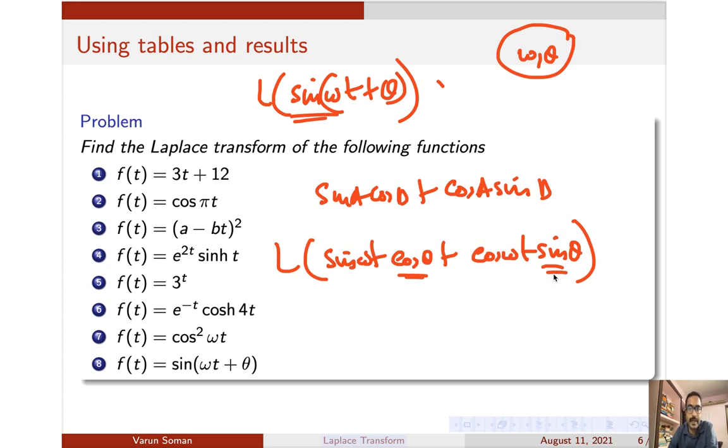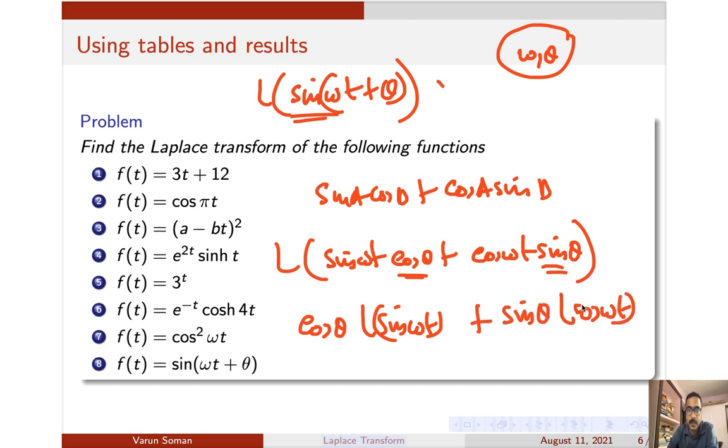When I apply the linearity property, can I take cos theta outside? If I take it outside, it will be cos theta into L of sin omega t plus sin theta into L of cos omega t. Have you understood why? Because cos theta and sin theta are constants, so when you apply the linearity property, I can take cos theta and sin theta outside.